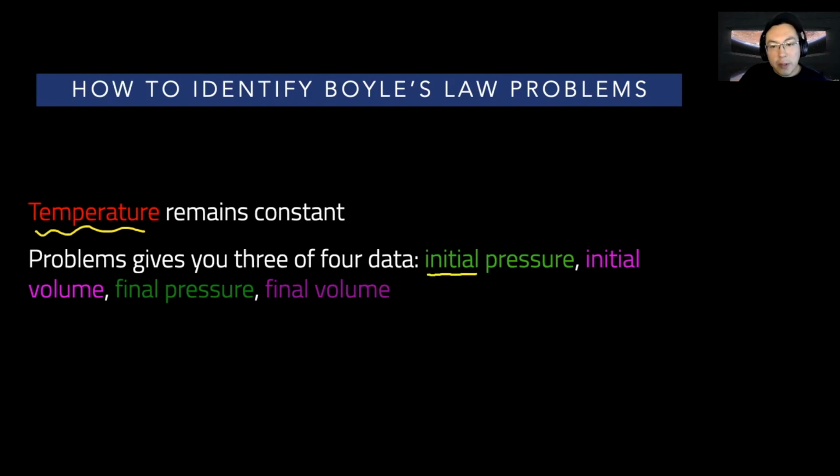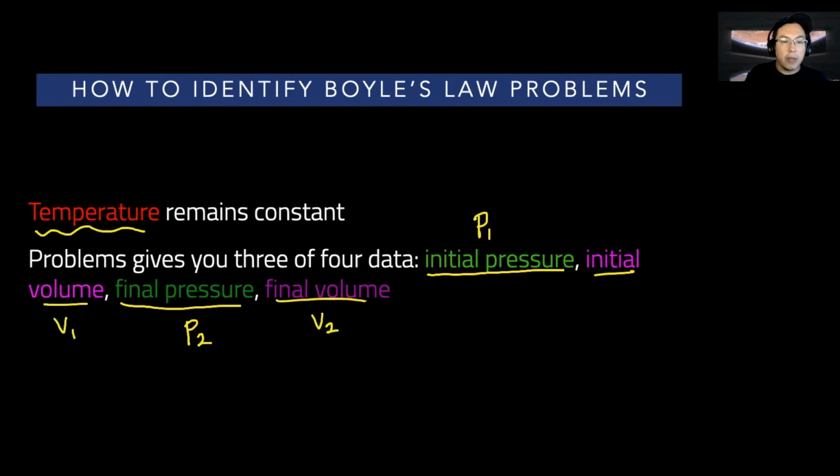Every time you see initial pressure, or original pressure, or the pressure that it was before, or some sort of identifier that tells you it was initial, this is going to be represented by P1. And the final pressure, or the pressure after, that would be P2. The same rules apply for initial and final volume.